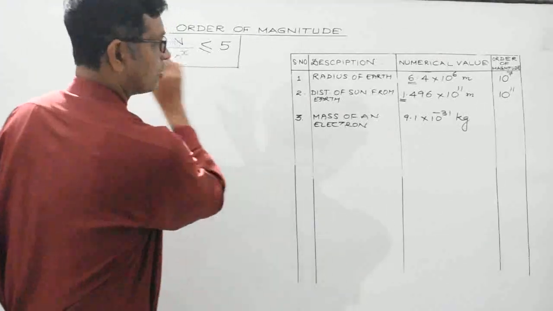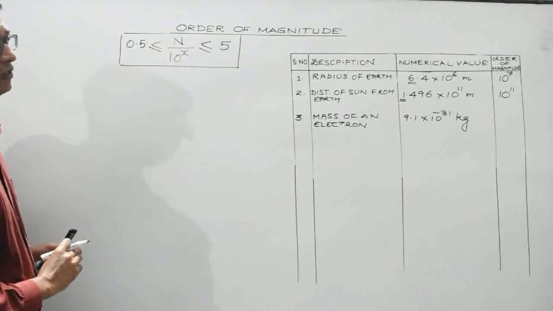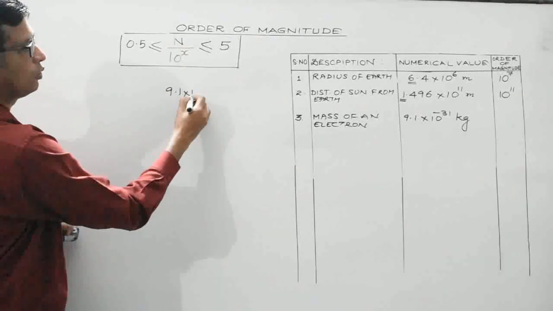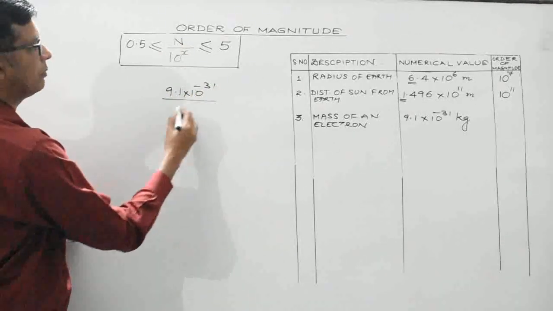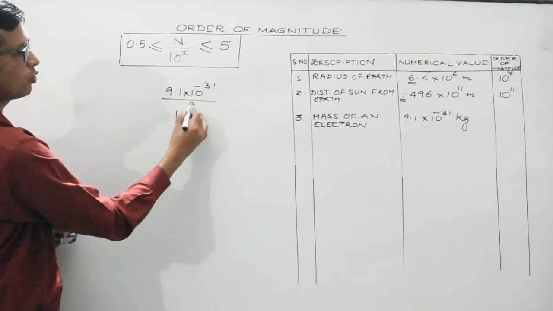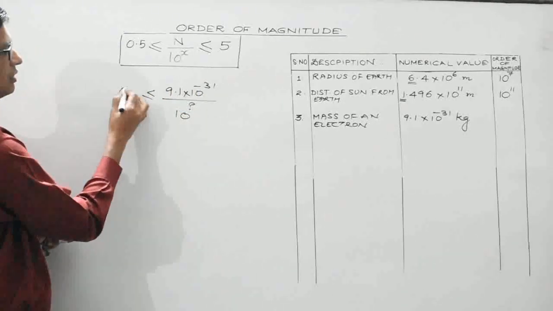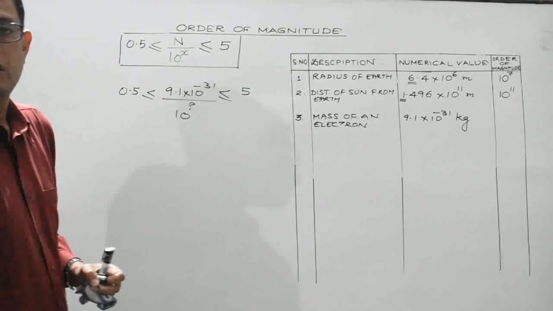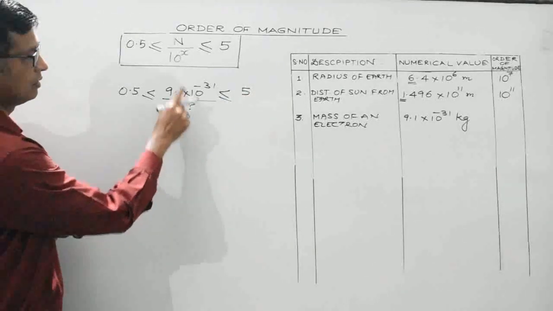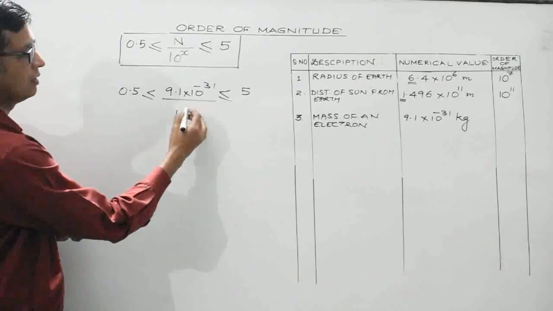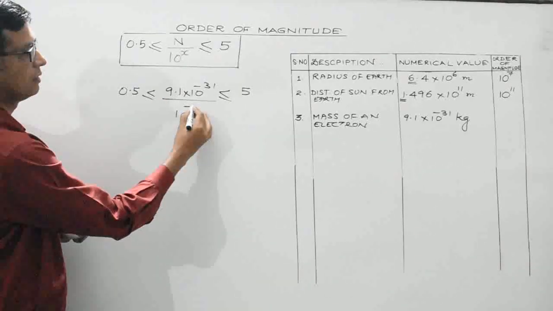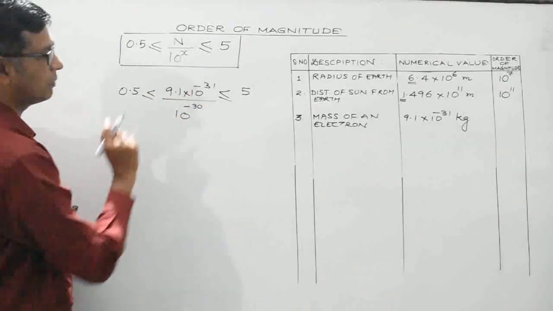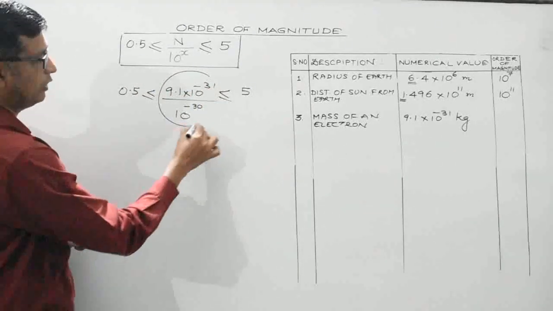Let's find its order by this particular method. Right? So n is 9.1 into 10 raised to minus 31 divided by 10 raised to power x. So what should be the value of x so that it satisfies this equation? If I write in place of x minus 30, then what will be the value of this?